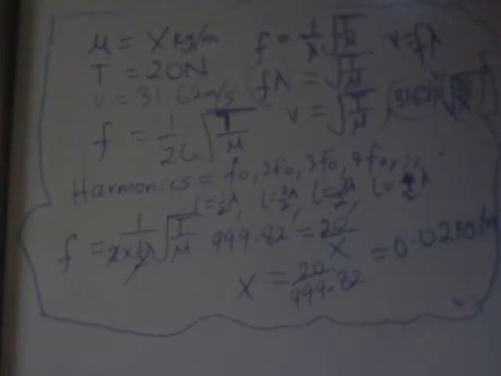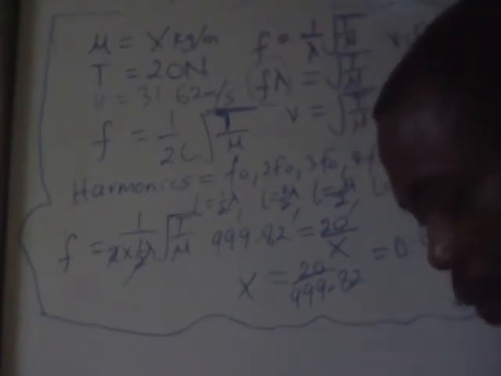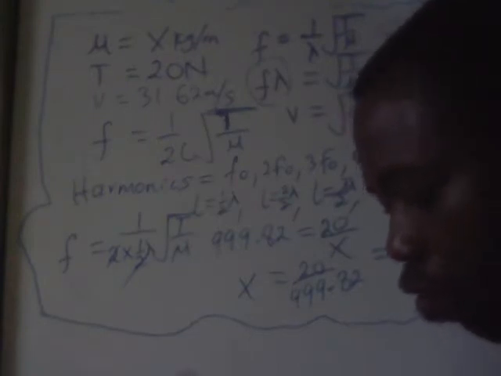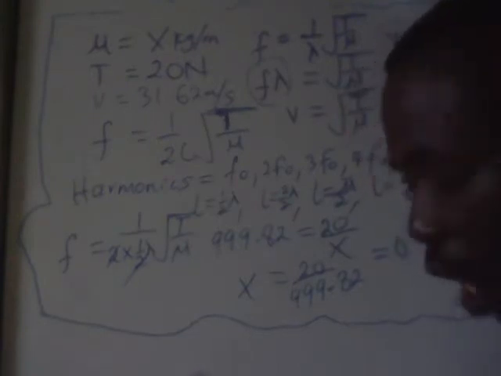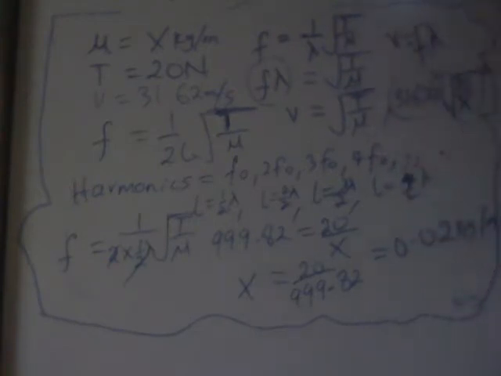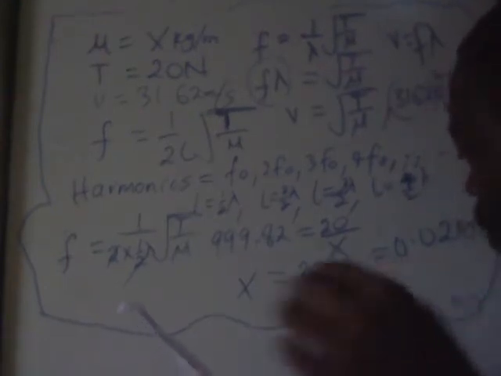So let's look at the options. Number 28. Option A, 5 times 10 raised to 3. Option B, 2 times 10 raised to minus 2, and that's our answer. 2 times 10 to the minus 2 is the same thing as 0.02.